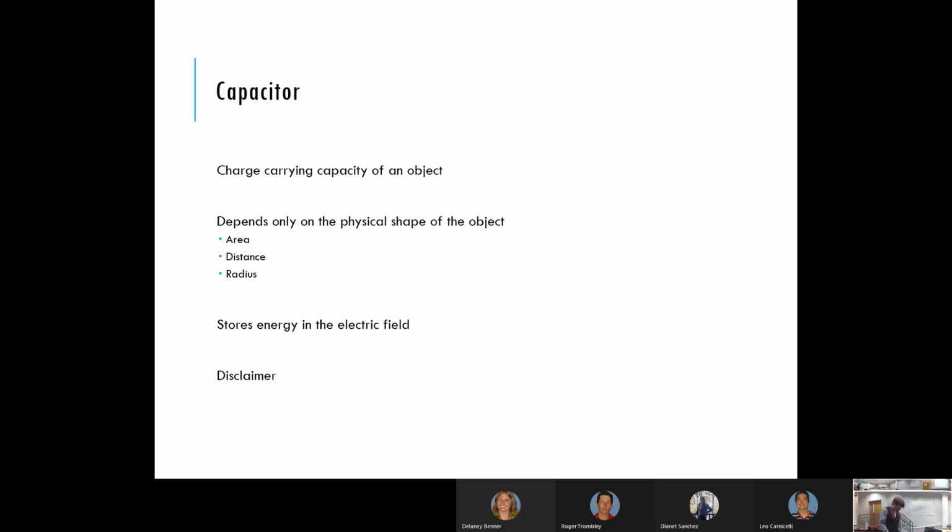Oh yeah, disclaimer. Probably the scariest thing about capacitors, in my mind, is that they don't have to be hooked up to a circuit to hurt you.